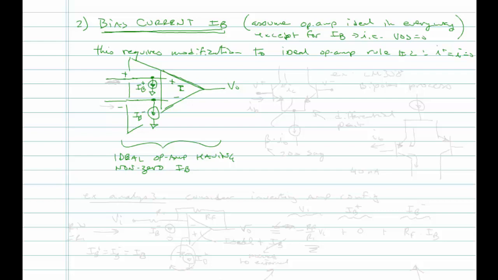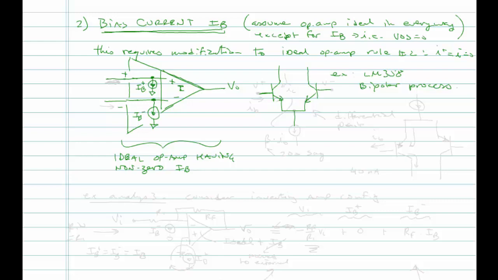Well, inside the op-amp, typically, let's say it's a bipolar based amplifier. Sorry, my brain and my mouth are not in sync today. An example would be the LM358, which is a bipolar process, meaning it's fabricated with bipolar junction transistors.